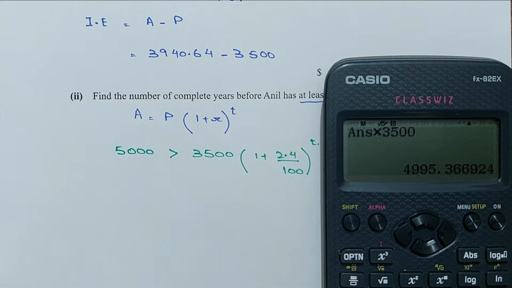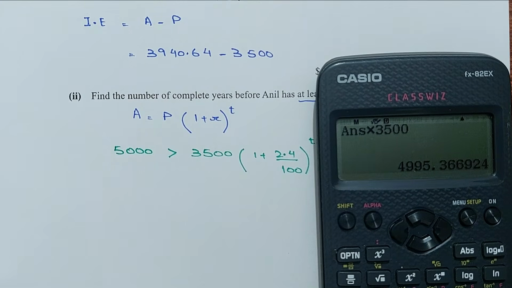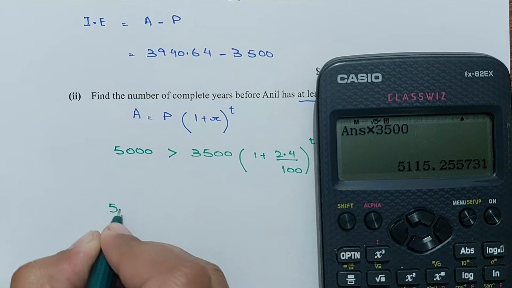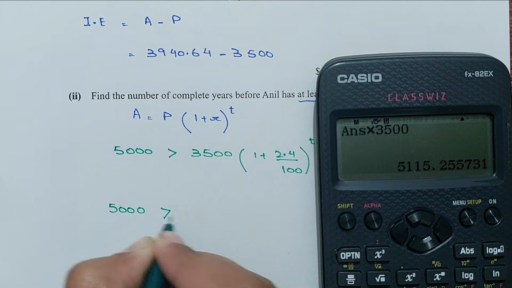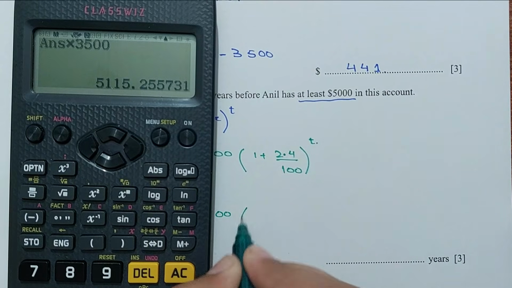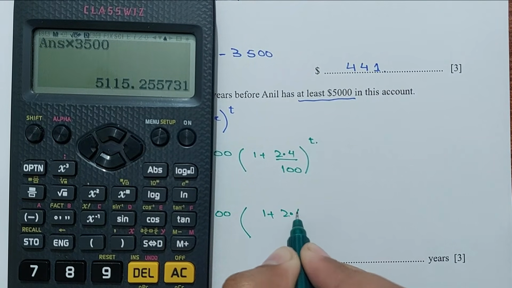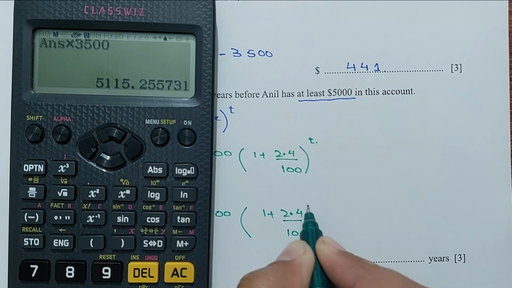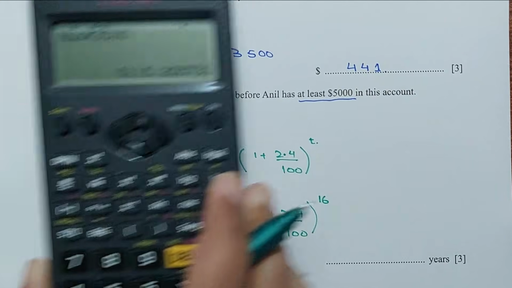It's closer to 5,000. Let me check at 16. 2.4 out of 100, add 1, exponent is 16, times 3,500. Yes. So 5,000 is greater than 3,500 into 1 plus 2.4 out of 100, exponent is 16.